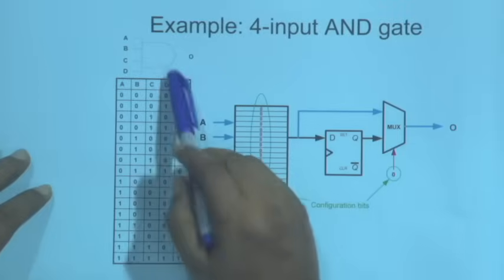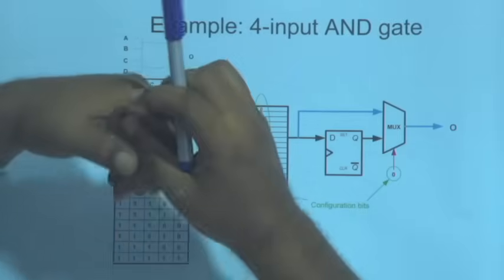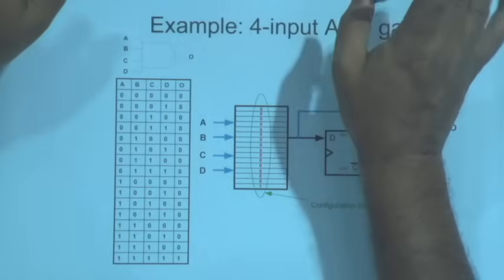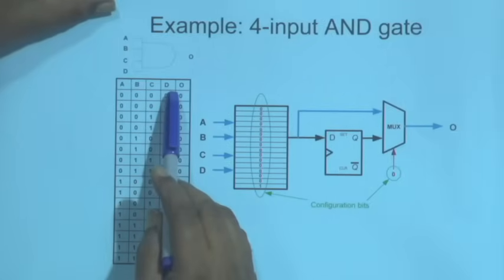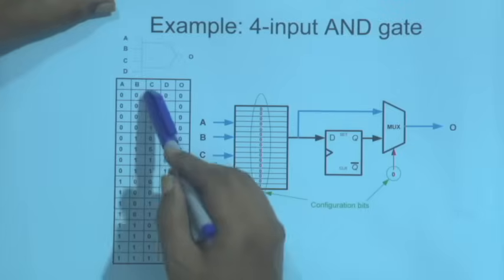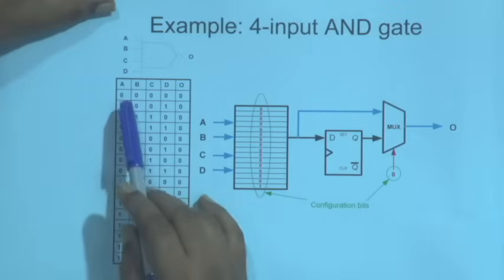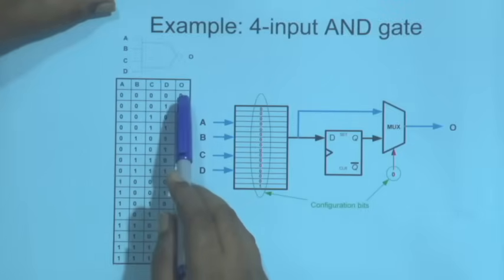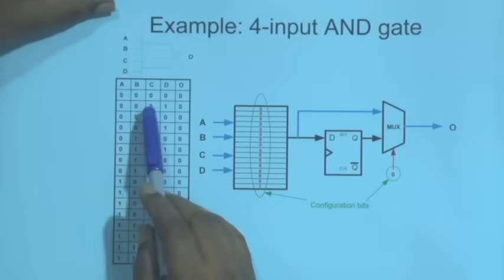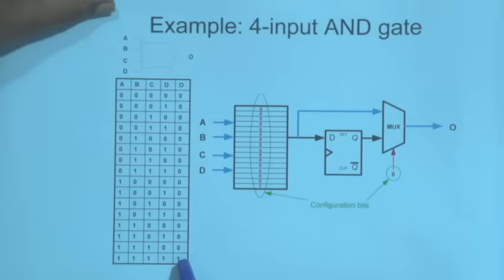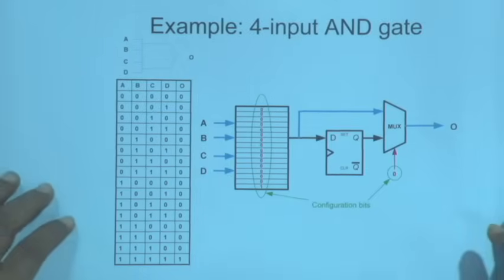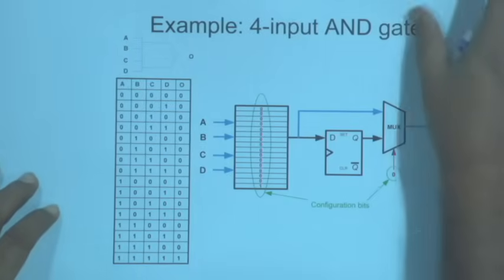How can I implement it? A and B and C and D. I have got these 4 inputs A, B, C, D, and here is a truth table for that. For all 0, 0, 0, 0, I will have 0, and 0, 0, 0, 1 will be 0. Only when everything is 1, I will have 1. That is the logic function of a 4 input AND gate.